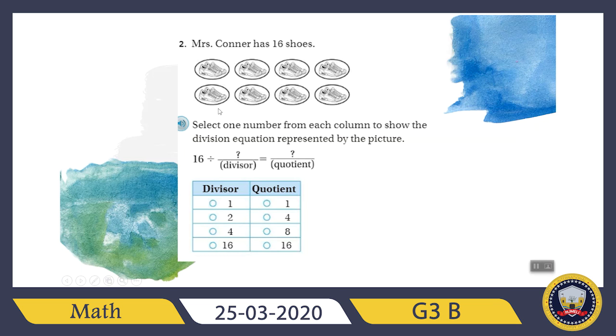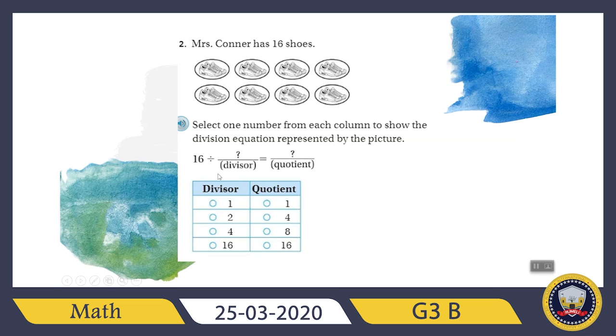First, guys, look. How many pairs of shoes can you see? 1 pair, 2 pairs, 3 pairs, 4 pairs, 5, 6, 7, and 8 pairs. And how many groups do you have here?